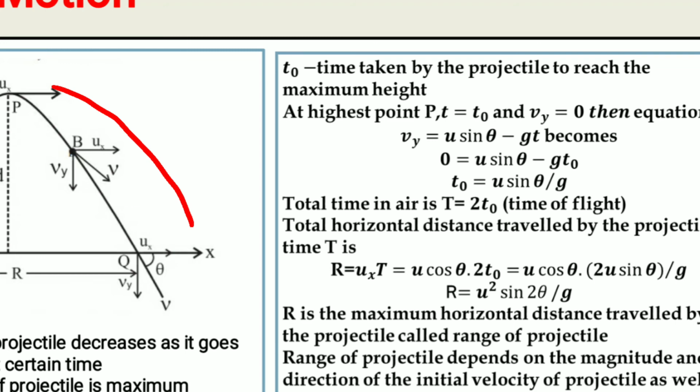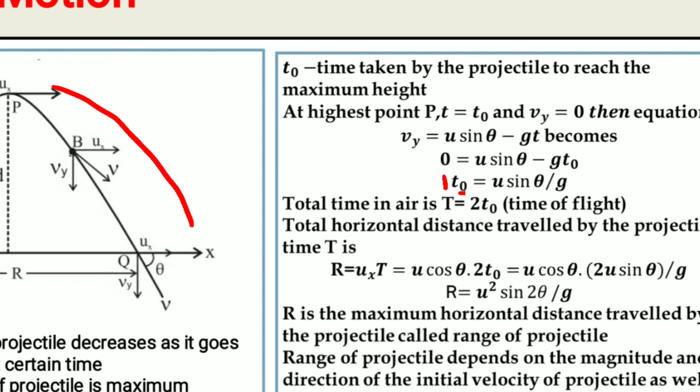So u sin theta minus g T0 is equal to 0, so T0 is equal to u sin theta divided by g, and this is the time required for the projectile to reach up to point P.